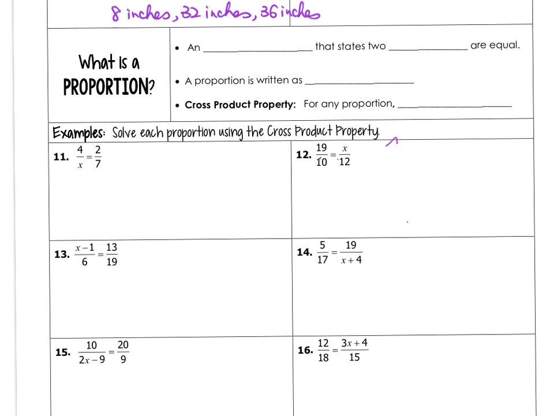So now let's look at proportion. Proportion now is an equation. So I have an equal sign, right? It's an equation that states 2 ratios. So remember, one ratio is a fraction, but now if I find an equation of a ratio, that's called a proportion.